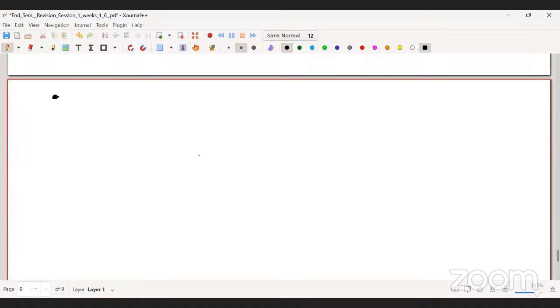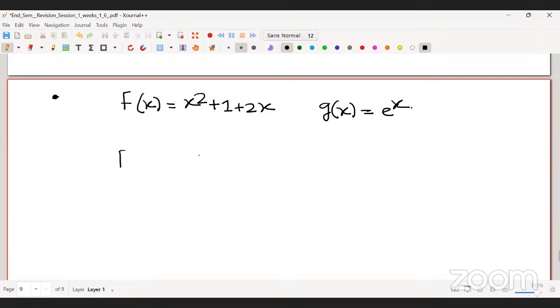Let's say you have a function f of x equal to x square plus 1 plus 2x, and one more function g of x is, let's say, e power x. So can you tell me what is f compose g?